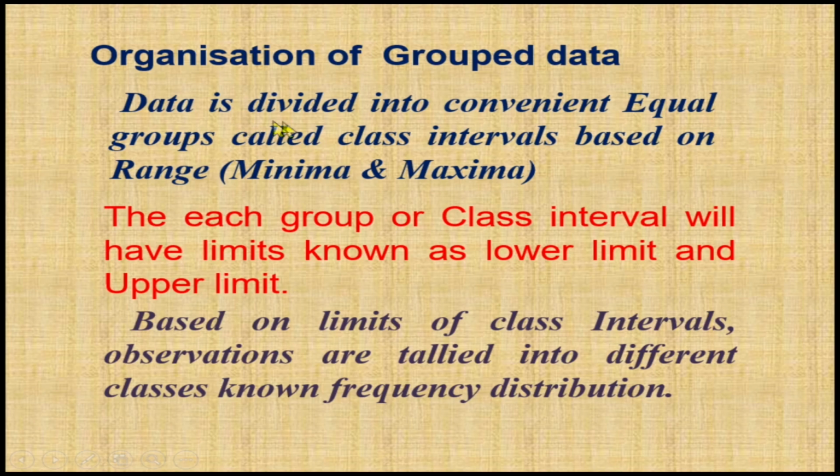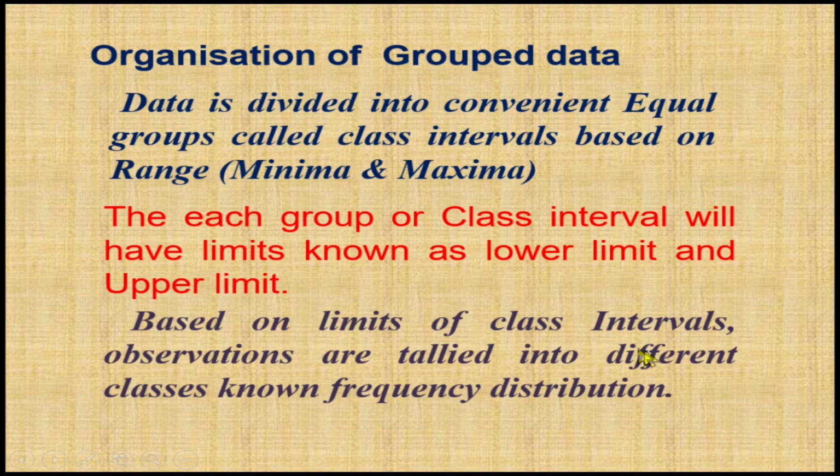Now, the data is divided into convenient equal groups called class intervals based on the range. The range depends on the minima and maxima. Each group or class interval will have limits, known as the lower limit and upper limit.